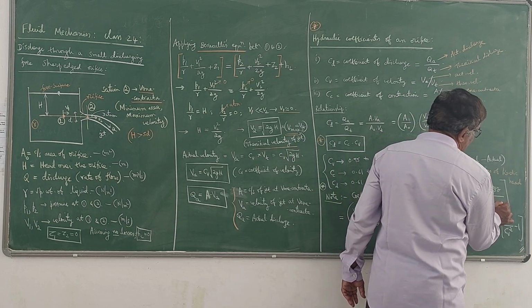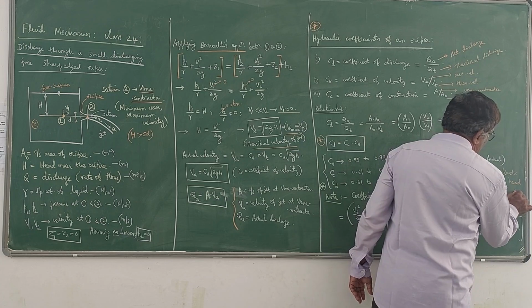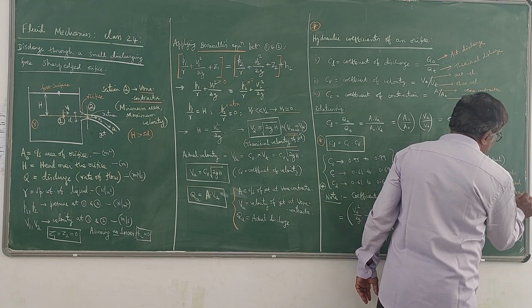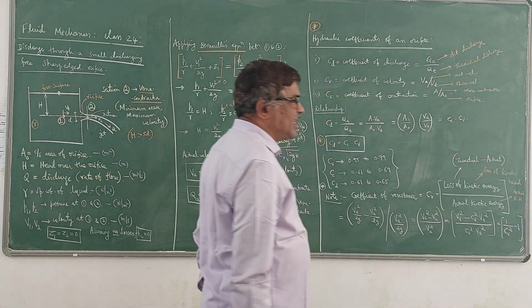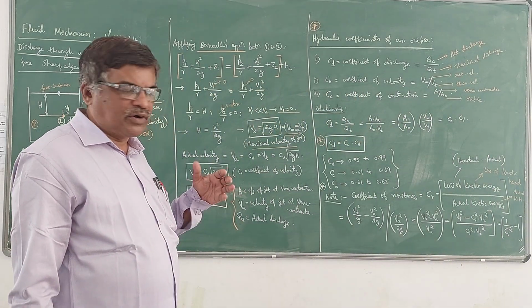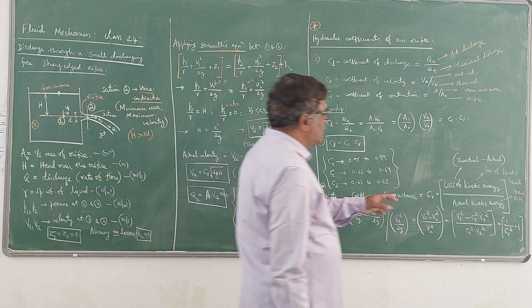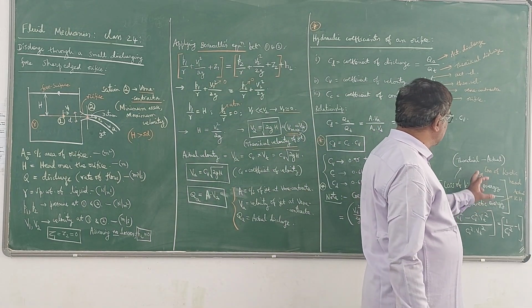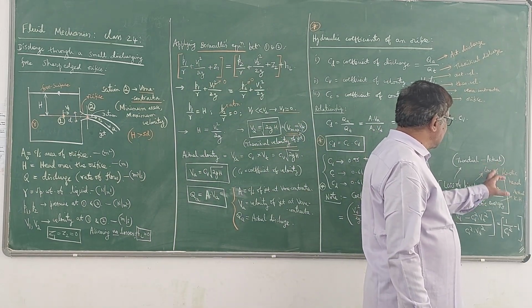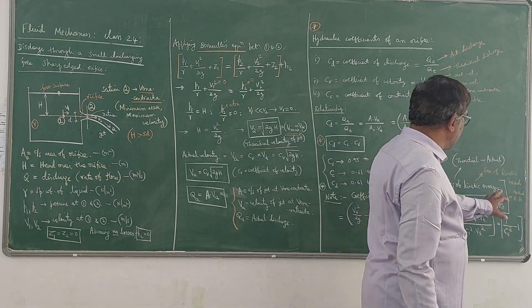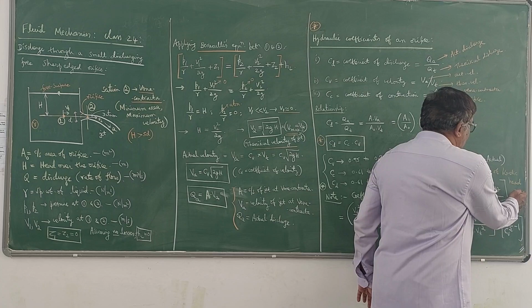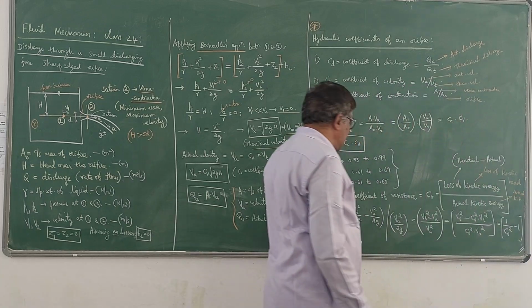Loss means, once again, the difference between the theoretical value and the actual value. So theoretical kinetic head minus actual kinetic head, divided by actual kinetic head, gives the value of Cr. Now that can be written like this.